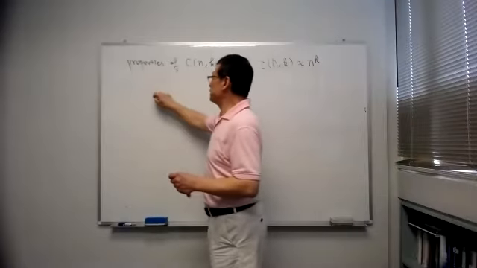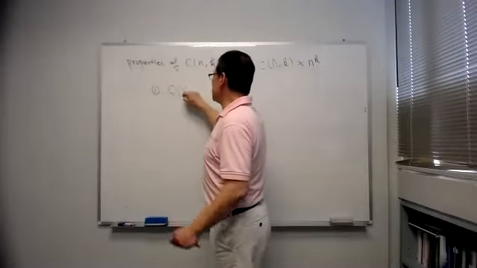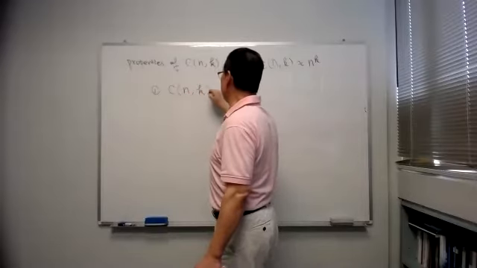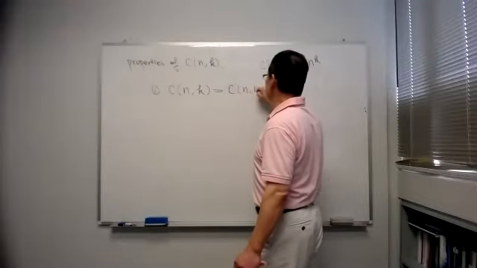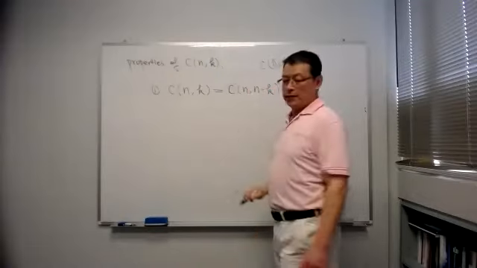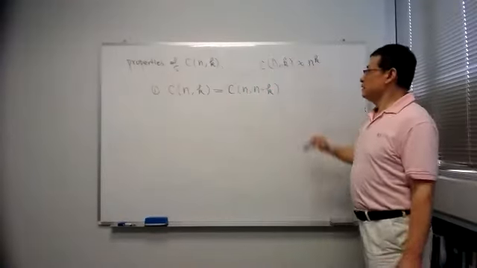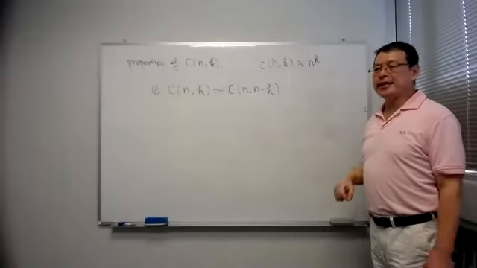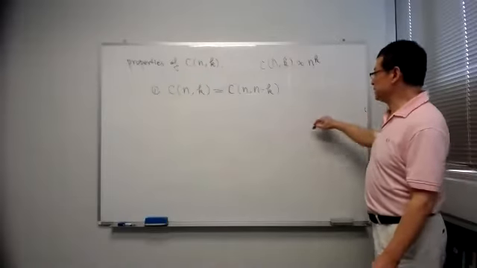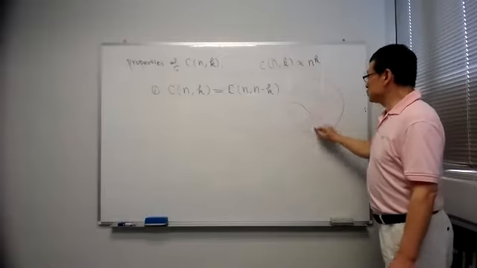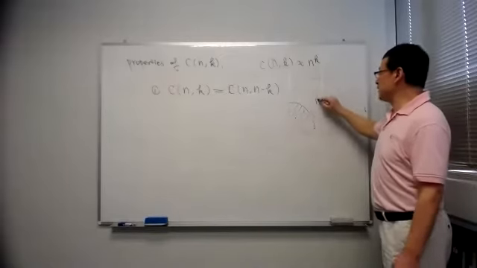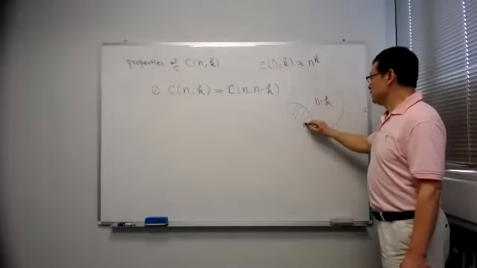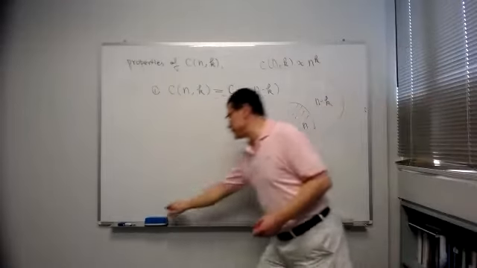So the first one is it's symmetric with respect to k and n minus k. Choosing k elements is the same as choosing n minus k elements, because there is a one-to-one correspondence.